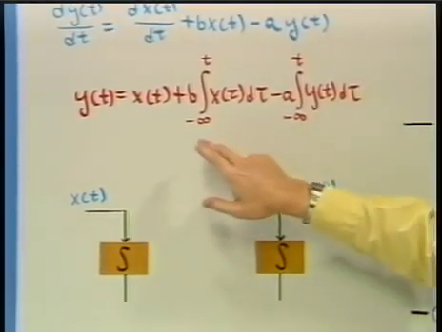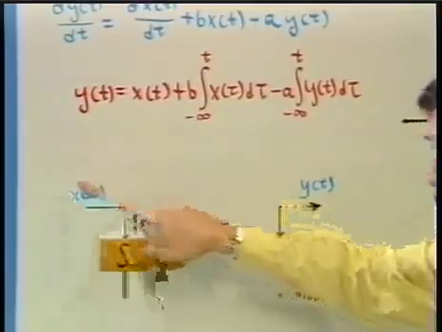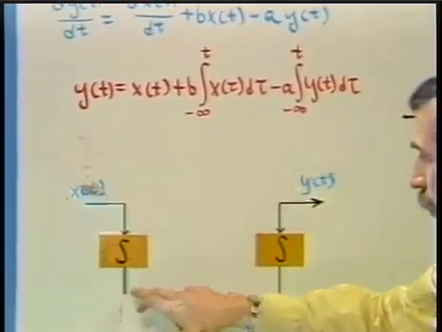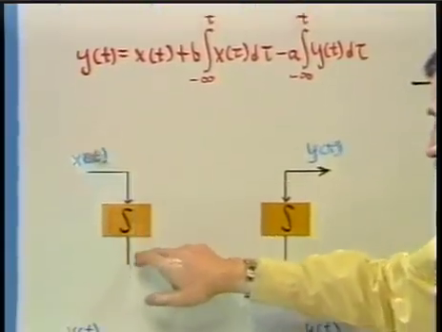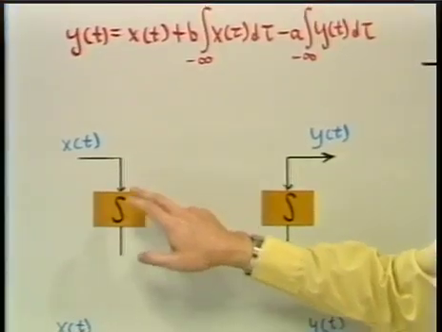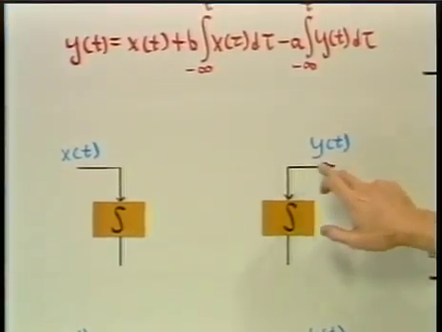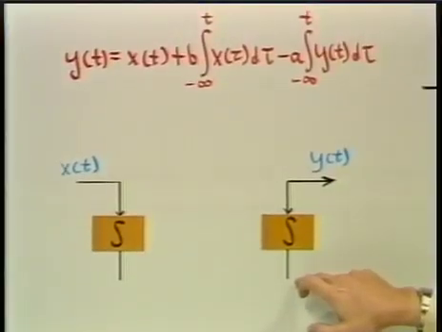So we need, in addition to the input, we need the integral of the input, and so this box indicates an integrator. In addition to the output, we need the integral of the output.